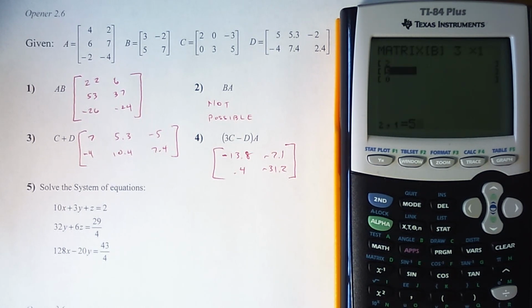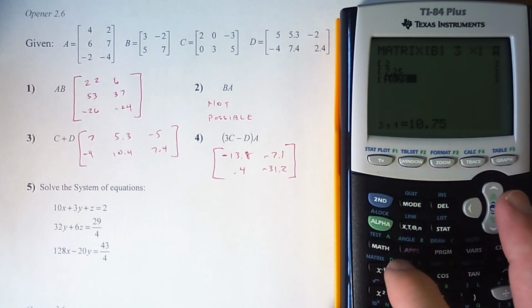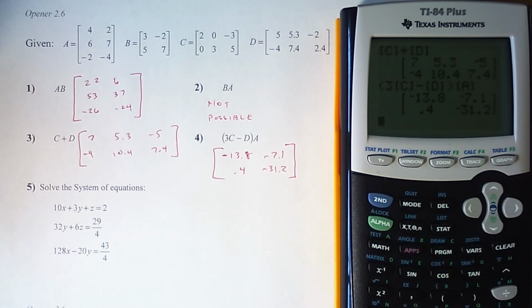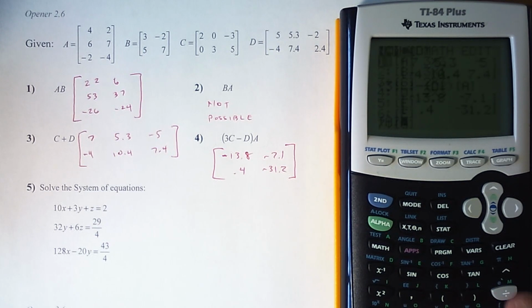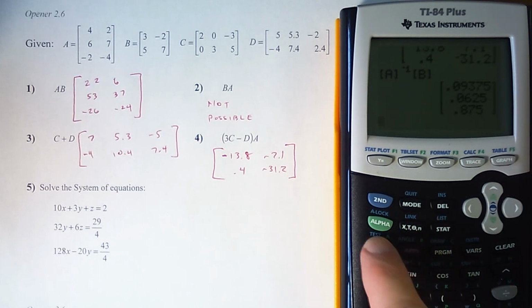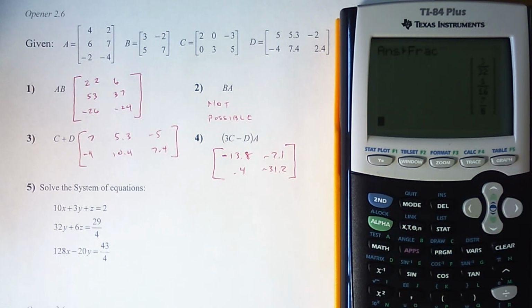2, 29 fourths, 43 fourths. Okay, so I will hit second and quit, and I'm back to my home screen. So what I need to do is multiply the inverse of matrix A, so that's matrix A inverse times matrix B, and I get these as my X, Y, and Z. So I'm going to hit math, enter, enter to get fractions.